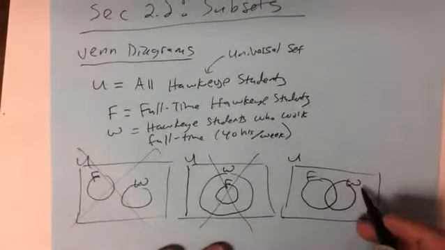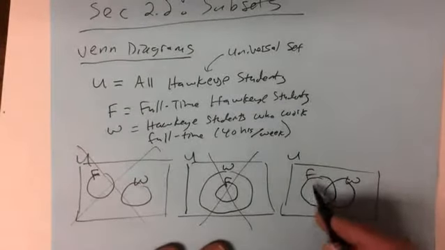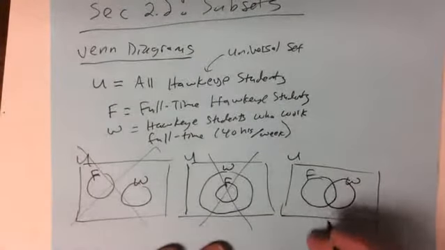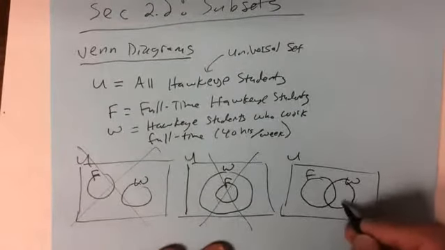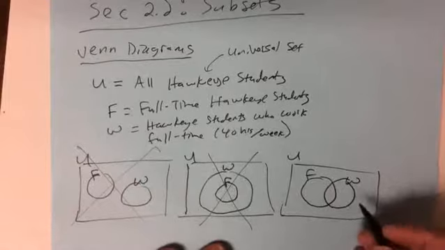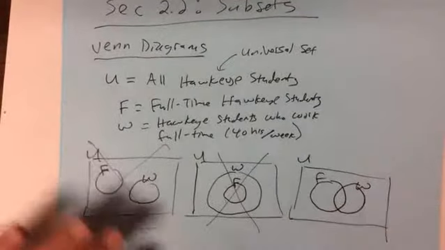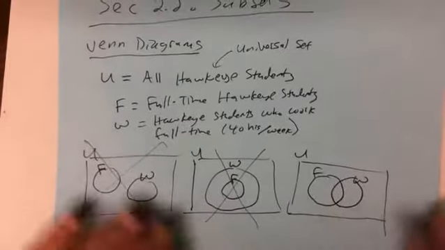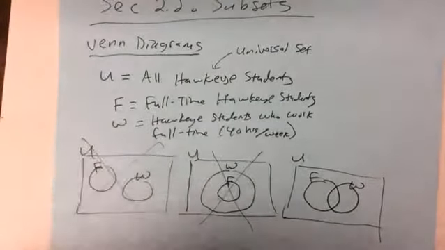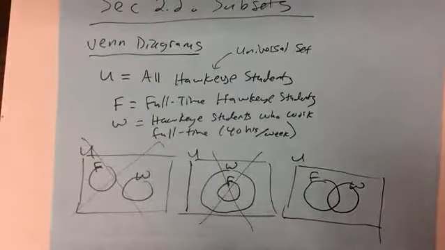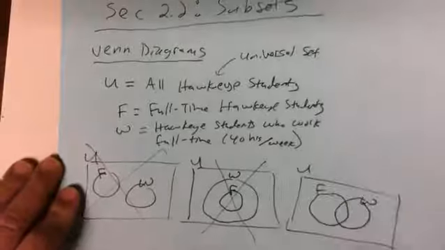These would be the students that work full-time. You've got some students that do both. You've got a lot of students that go to school full-time but don't work full-time. And then you've got a lot of students that work full-time but are just going to school part-time here. So that's probably a diagram of the relationship between those two sets. So you can see then how Venn diagrams might be helpful, and you can kind of diagram out what might be going on between the sets.